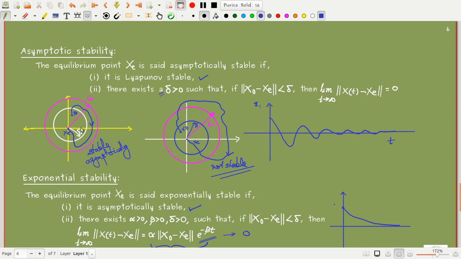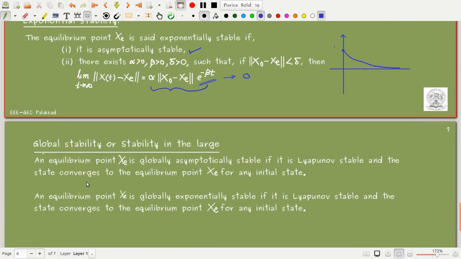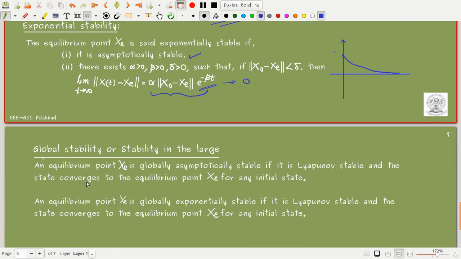Similarly, if all the trajectories are moving at a faster rate, then we can say that it is exponentially stable in the large or globally exponentially stable. So I have put those points also here, global stability or stability in the large. An equilibrium point is globally asymptotically stable if it is Lyapunov stable and the state converges to the equilibrium point for any initial state.